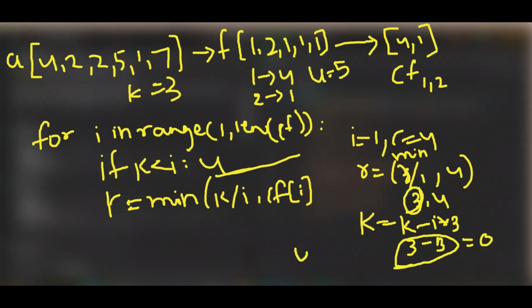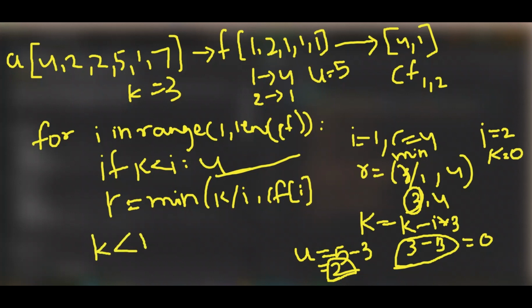So the number of unique elements now will be 5 minus the number of removals, 3, which equals 2 unique elements remaining. In the next case, let's take i equals 2 and k equals 0. We can see that k is less than i, so we'll just return u, that is 2 in this case.